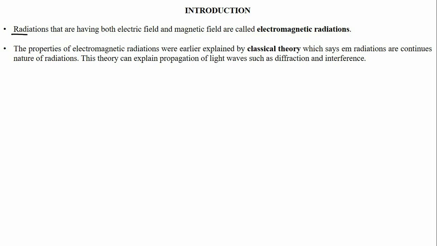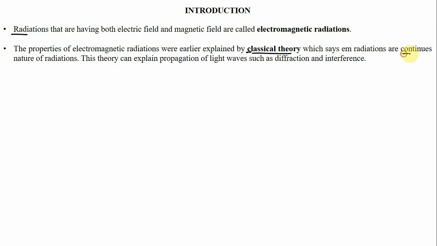Earlier, these properties of electromagnetic radiations were explained by classical theory. The classical theory was the very first theory used to explain the properties of these electromagnetic radiations. This classical theory says that electromagnetic radiations are continuous radiations.